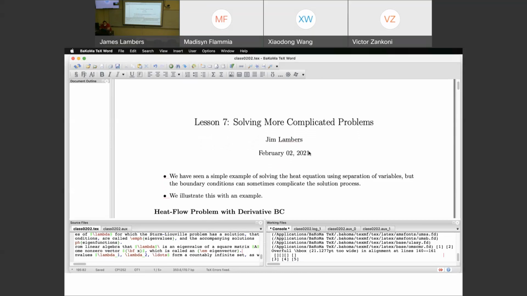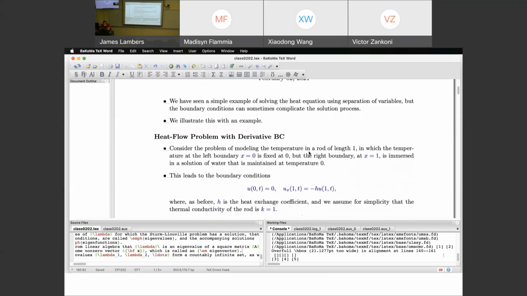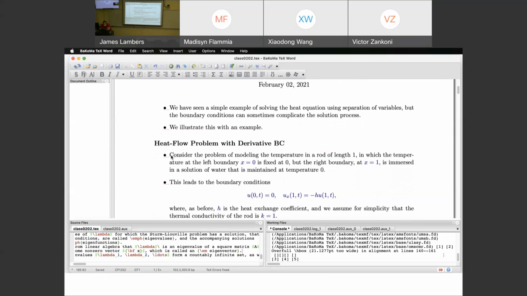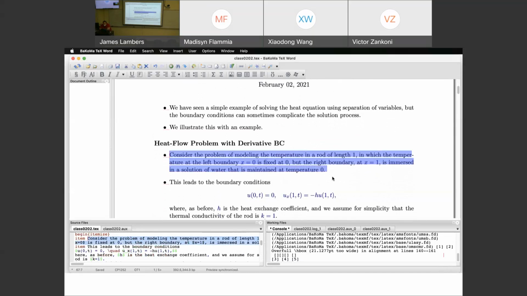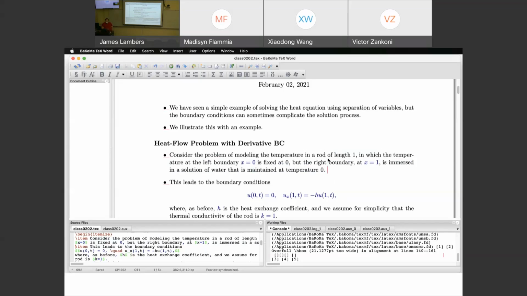Okay. So here's the problem in words. We're still going to have a heat equation problem like before, where we're modeling temperature in a rod of length 1. So our spatial domain will be x going from 0 to 1.